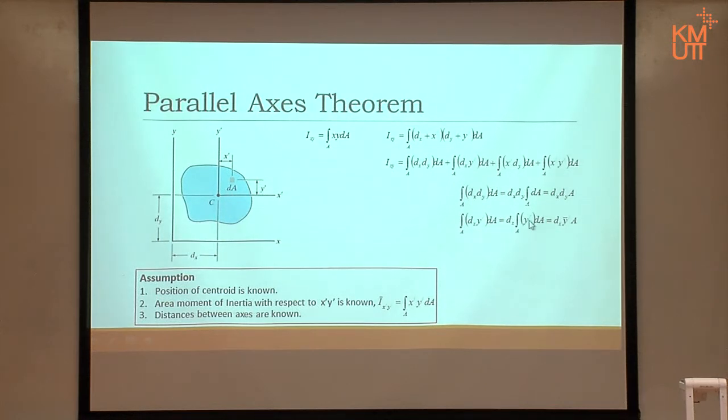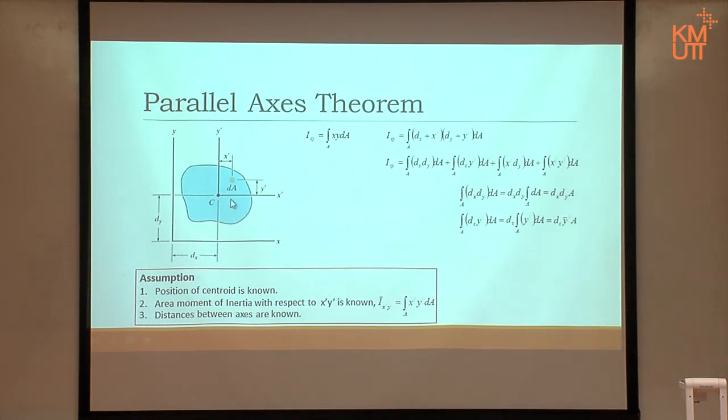y dash dA. Again, that integration is the format we use to find centroid. Integrate y curve dA equal to y bar integrate dA, right? So we change that term into that. Now notice the prime here and the prime here. It signifies the fact that this is not relative to xy.